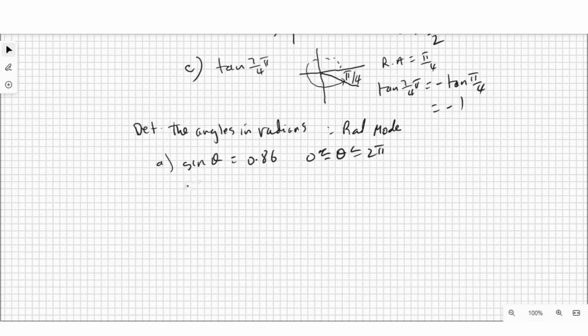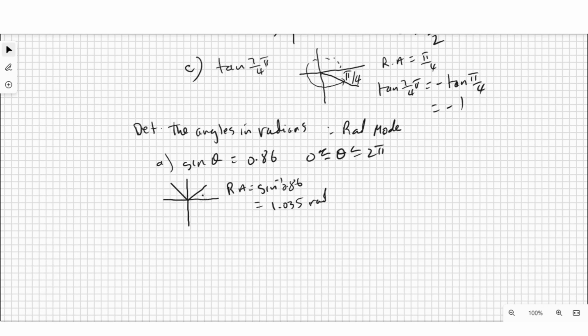Therefore sine is positive, so it should be in the first quadrant and in the second quadrant. I find my related angle in radians. Sine minus 1 of 0.86 is 1.035. These are in radians; I don't write rad, but they're in radians.